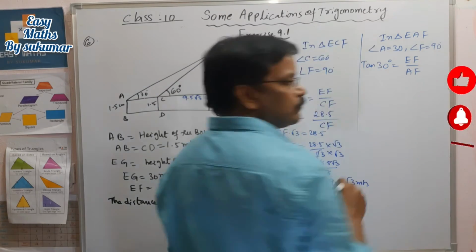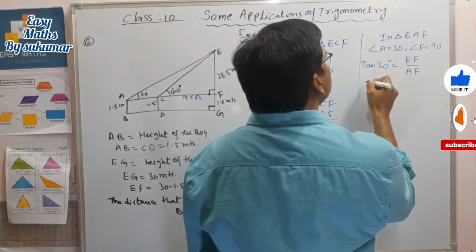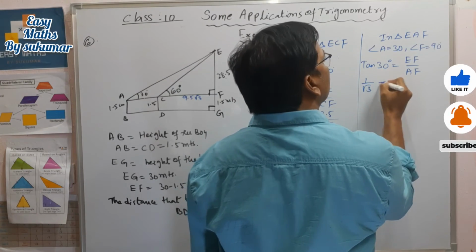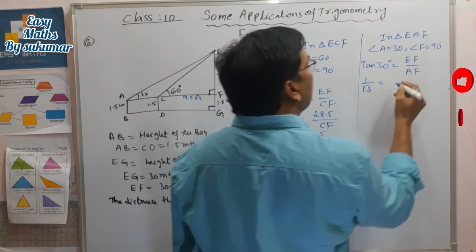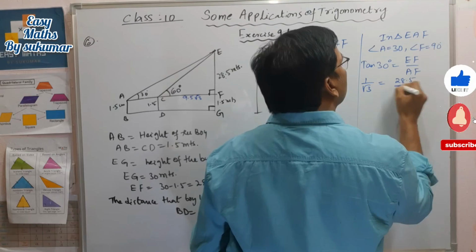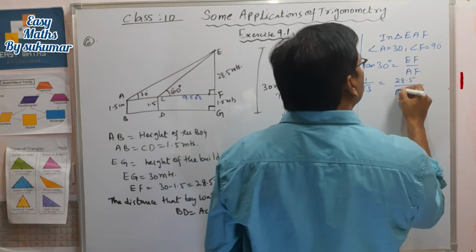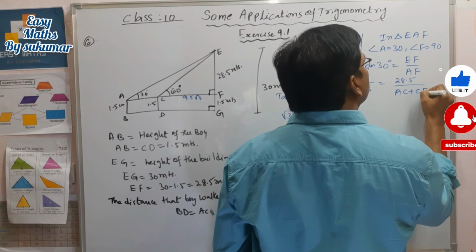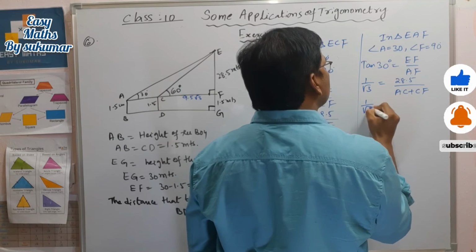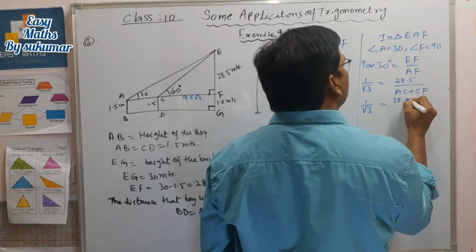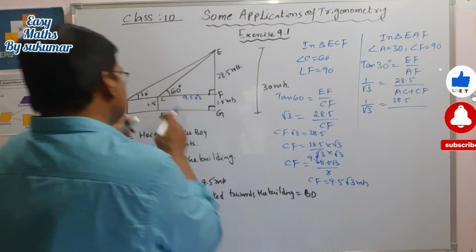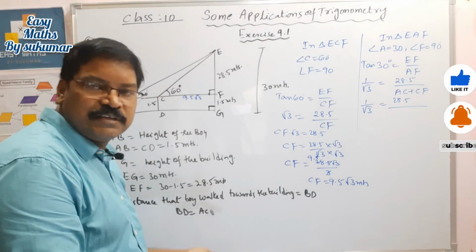Tan 30 means 1 by root 3 is equal to EF, which is 28.5, by AF, which means AC plus CF. So 1 by root 3 is equal to 28.5 by AC plus CF. AC is unknown. We have to find AC only here.